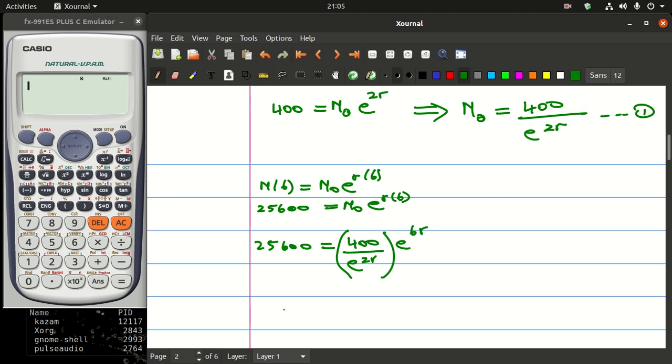If you proceed with this, we have 25,600 and then 400, and I'm going to move this here because this base and that base are the same.